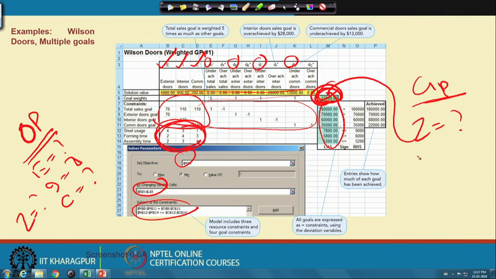That means we would like to find the underachievement targets dt minus, de minus, di minus and dc minus. These are the requirements we would like to report. Now with respect to settings, just add all these constraints one after another, and since there is no requirement of integer type, you just put OK and look for the optimal solutions.